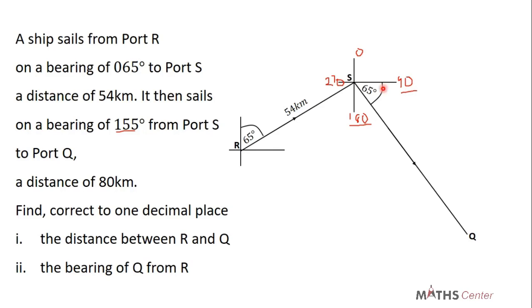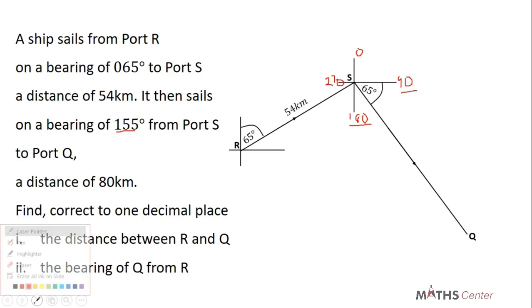Then you draw your line here. The starting point is S and the ending point is Q. Now you see where the arrow is moving towards, showing that it started from S to Q. So in the first part of the journey, it started from R to S. Then the second part of the journey, it started from S to Q.